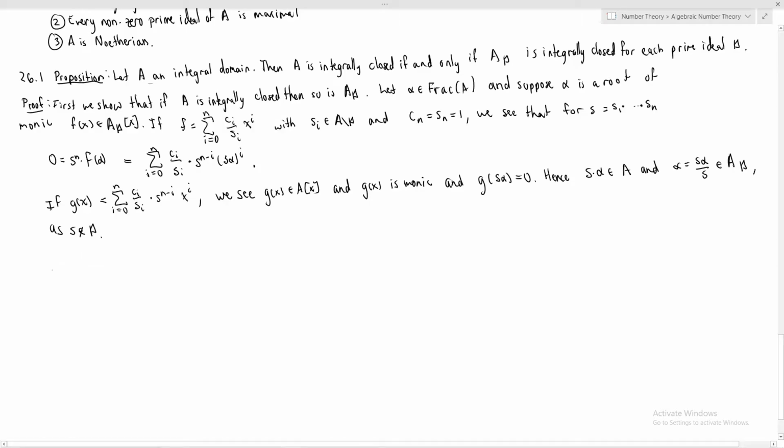Now suppose each localization A sub p is integrally closed.